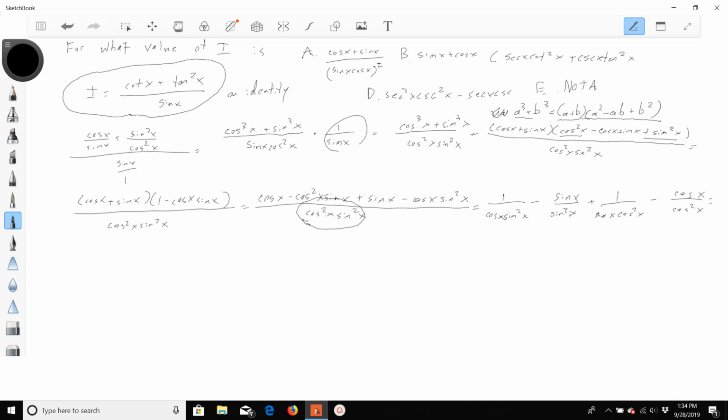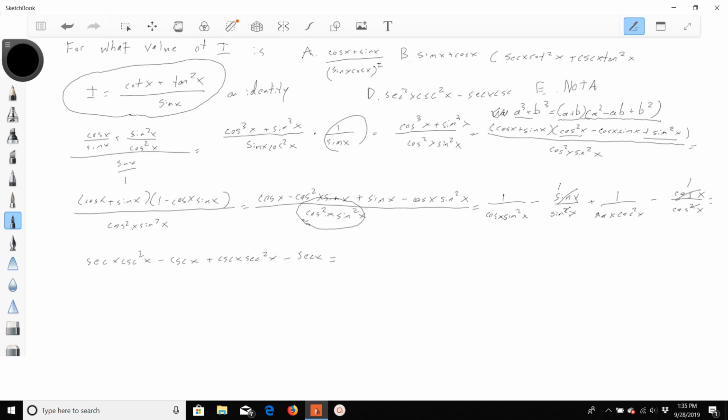The first fraction becomes secant x cosecant squared x. For the next one, one sine of x cancels with another, leaving just 1 over sine of x, which is cosecant of x. The next one becomes plus cosecant x secant squared x minus, and again one factor of cosine x cancels, leaving just 1 over cosine of x, which is secant of x.